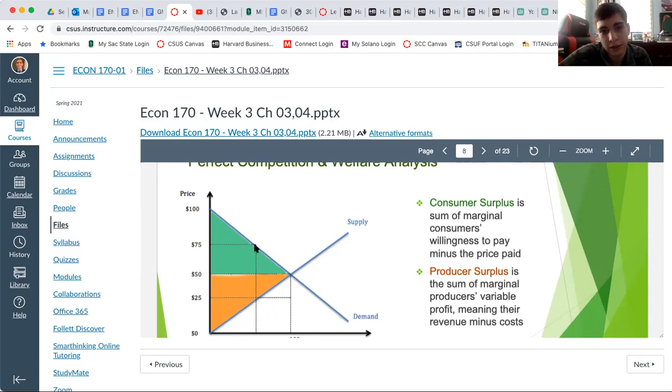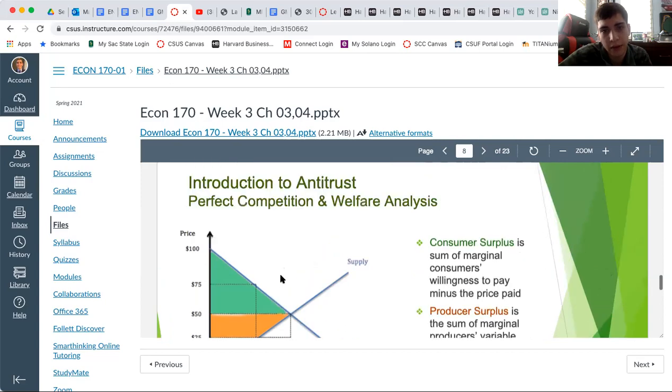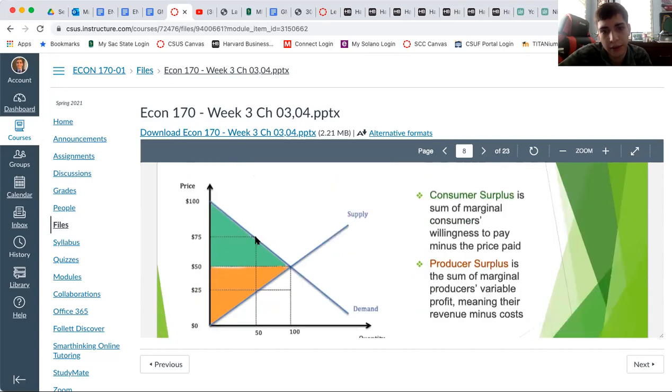So in this instance right here, this would be where the consumers have no more willingness to pay for a pair of headphones, in our case. And as a result, no other transactions along this line are able to be made to any of these producers who are willing to sell their products for these prices.